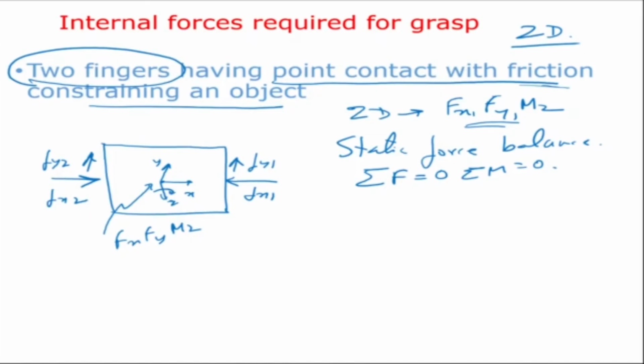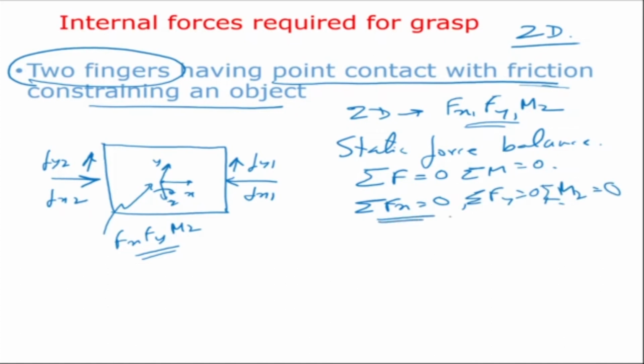Now I need to find Fx and Fy in order to balance a particular capital Fx, capital Fy and capital Mz acting at the center. First I say sigma Fx is equal to 0, then sigma Fy is equal to 0, and then sigma Mz equal to 0.